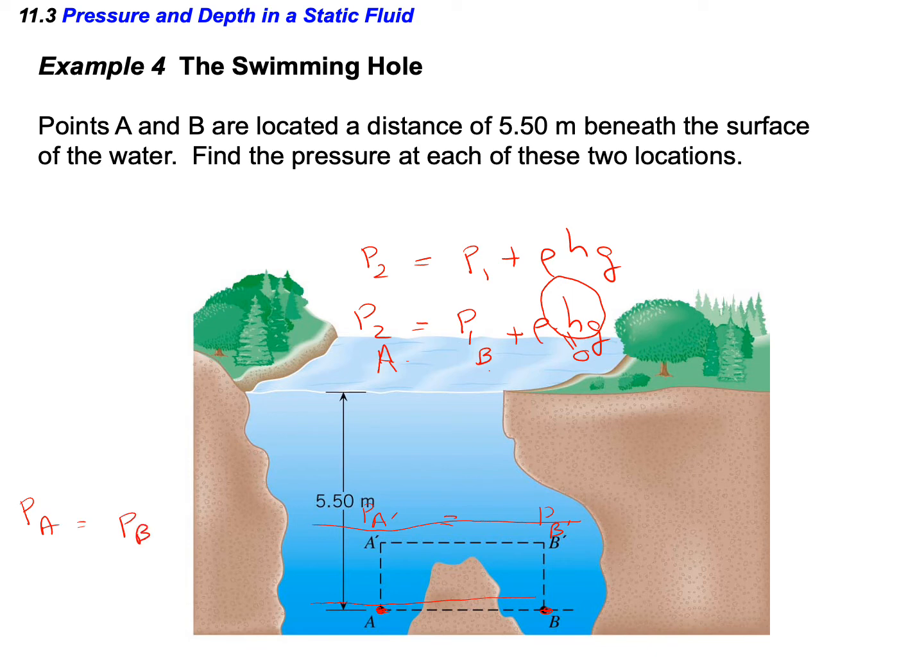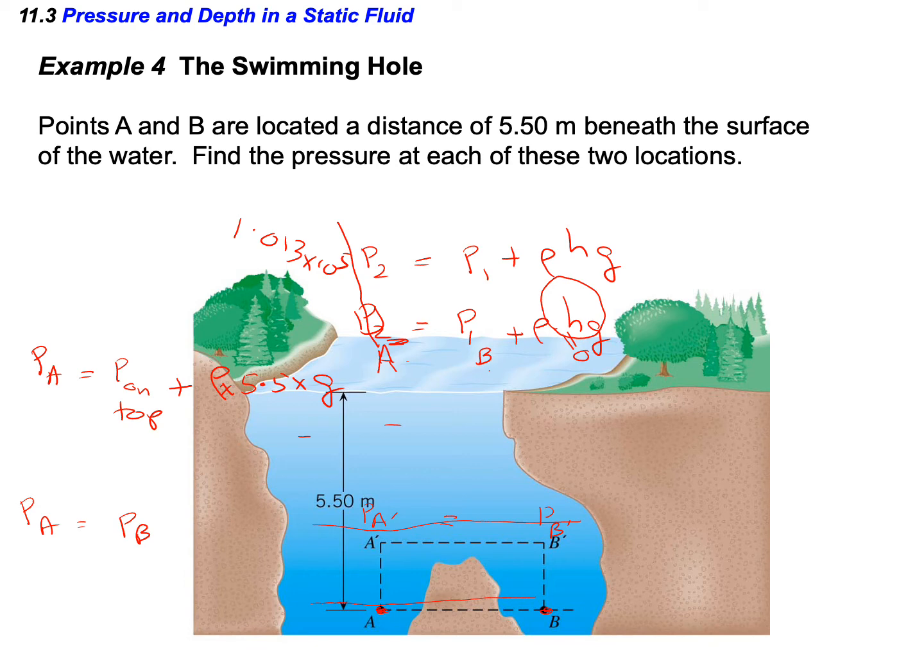So we can calculate pressure at A, which is equal to pressure on top plus rho, density of this fluid, times height, which is 5.5, times gravity G, 9.8. The pressure on top is the atmospheric pressure, which is 1.013 times 10 to the 5.